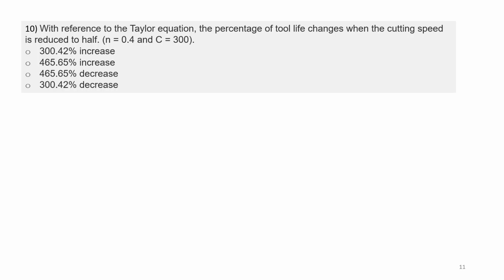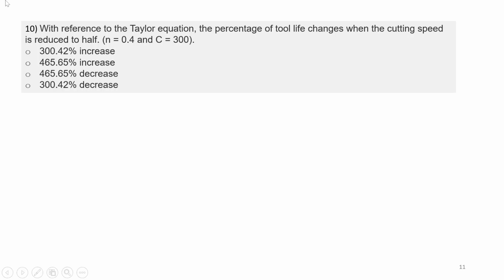Next question: with reference to the Taylor equation, what percentage does tool life change when the cutting speed is reduced to half, given the values of n and c? C is the constant, n is the exponent. n is 0.4, c is 300. Your options are 300% increase, 465% increase, 465% decrease, or 300% decrease.